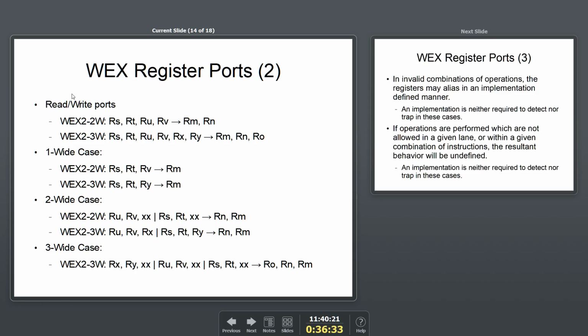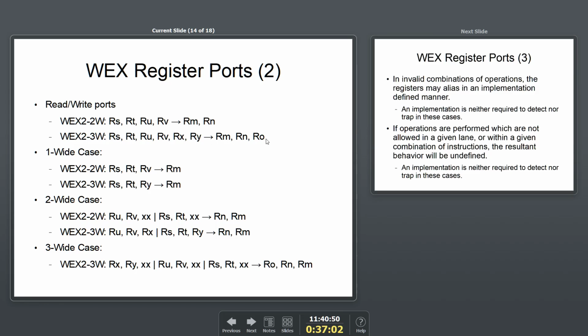So register ports naming. For the 2 wide case, there's 4 read ports labeled S, T, U, and V, and 2 write ports labeled M and N. And for 3 wide, it's similar, just with 6 of them, and the X and Y ports are for the 3rd lane.